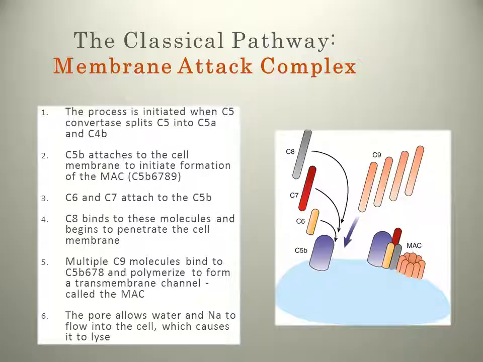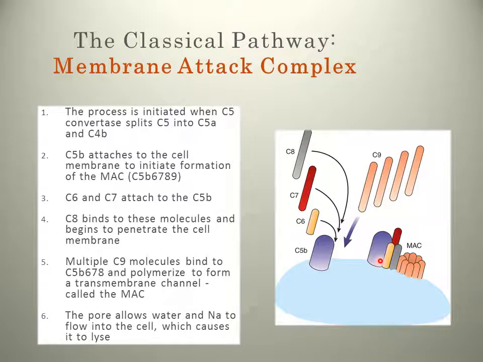Now we're to the final act here, and the final act is the formation of the membrane attack complex, MAC for short. So we started with our C5b, which is on the cell membrane, and then we go through this series of additions to this complex of C6, 7, and 8.